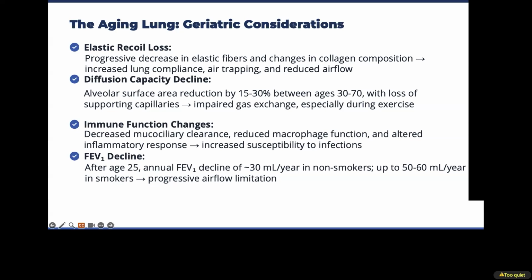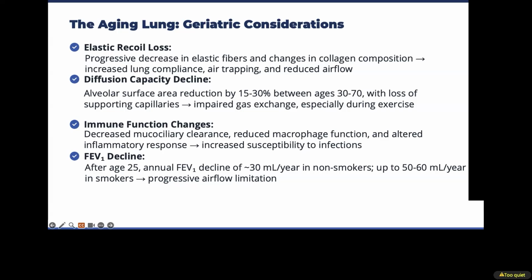That means that the lung becomes more compliant or stretchy, but less capable of snapping back during exhalation. Air gets trapped, and expiratory flow slows. So this is why older adults may have a prolonged exhalation of residual volume in the lung, even without COPD. Someone with COPD may look like a fish on land because that exhalation is so far out.